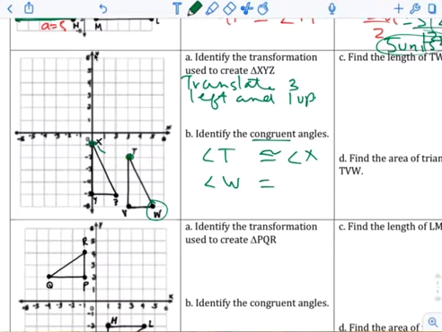Angle W is congruent to angle Z. Angle V is congruent to angle Y.